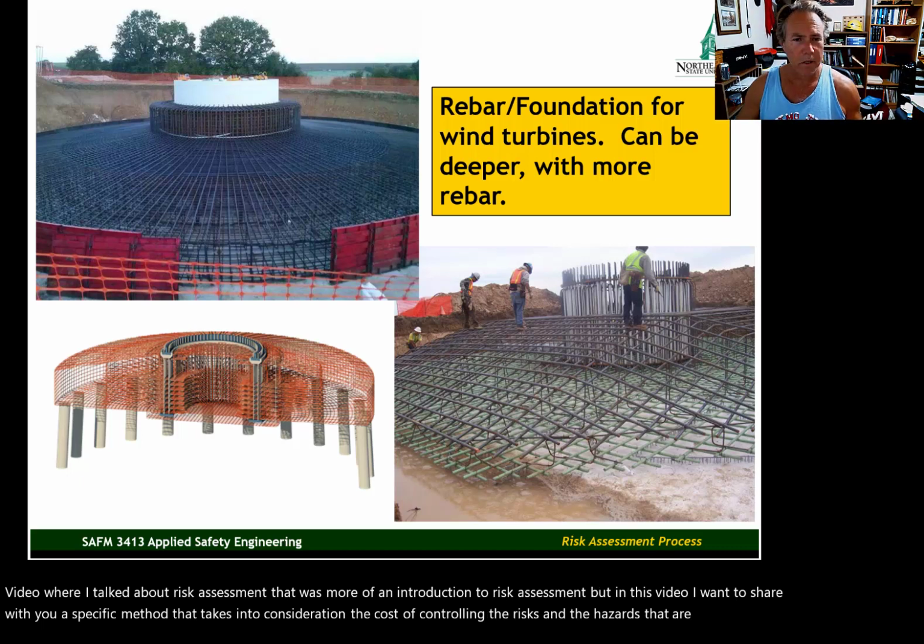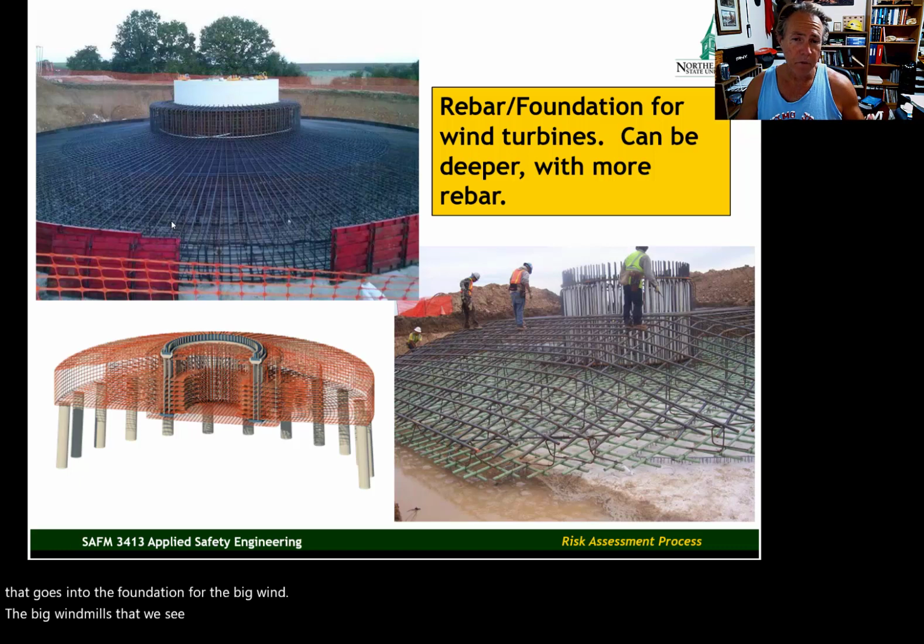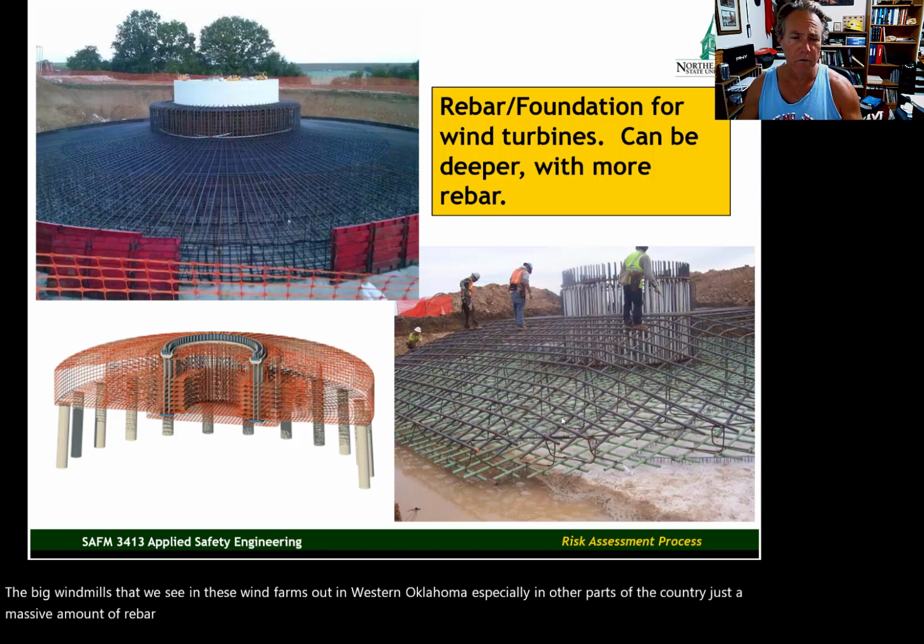But before we jump into that, let's take a quick look at this picture here. What we have here is the rebar structure that goes into the foundation for the big windmills that we see in these wind farms out in western Oklahoma, especially, and in other parts of the country. Just a massive amount of rebar, massive amount of concrete goes into it.